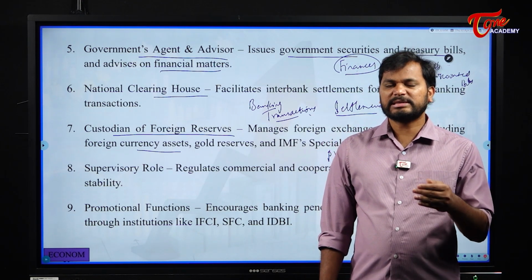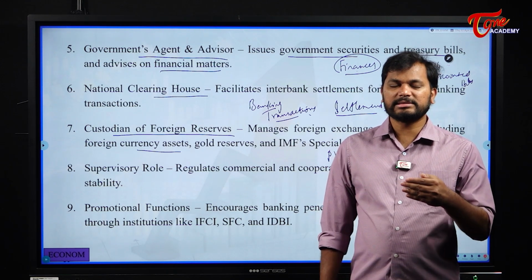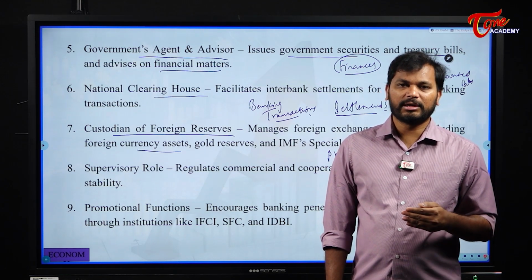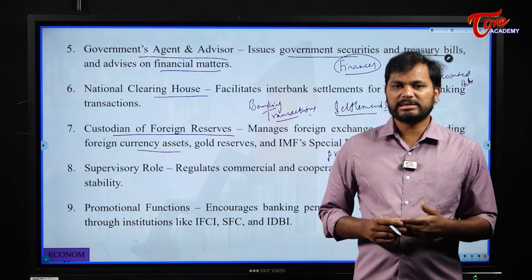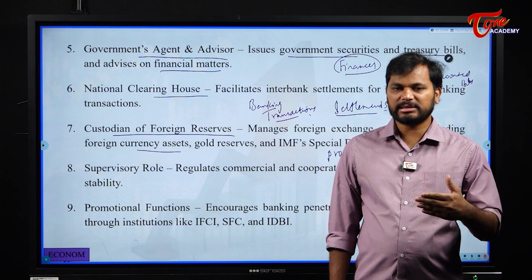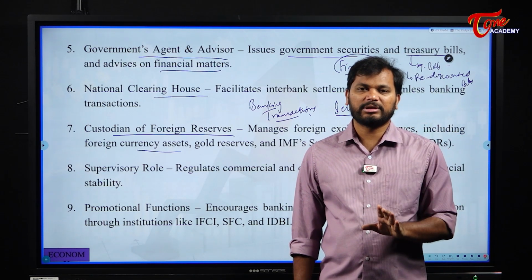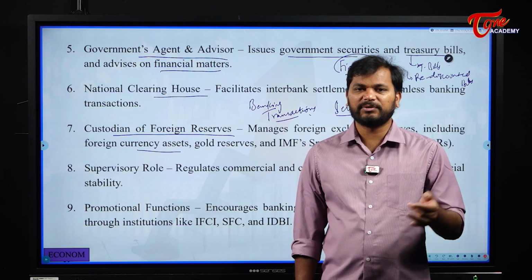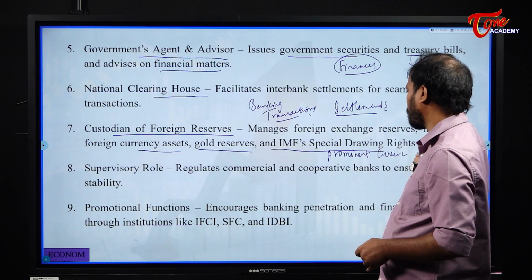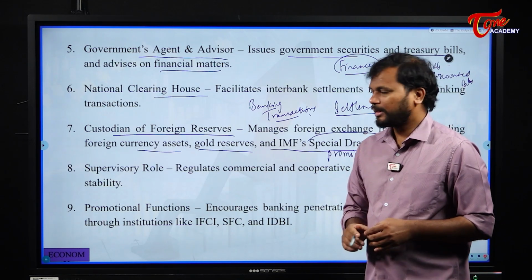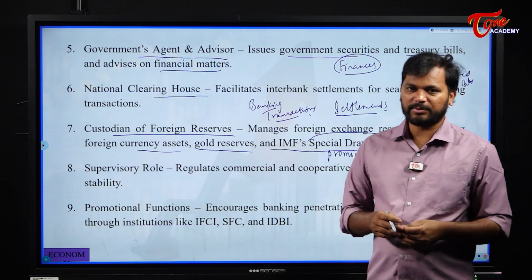Because these currencies are used in the exchange system, in the process of trade. The majority of the global trade happens through these currencies. That is the reason they are considered as the forex reserves. The amount of reserves needs to be high with respect to the government because these reserves can be used for trade. And also the gold reserves and the IMF special drawing rights. Clear? We will discuss what is IMF special drawing rights when we discuss the concept of the IMF.